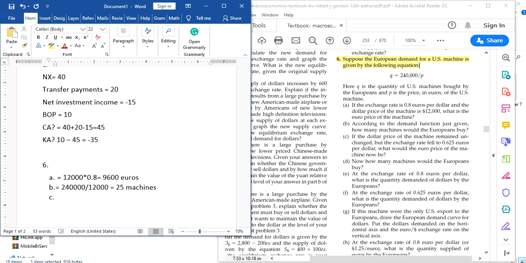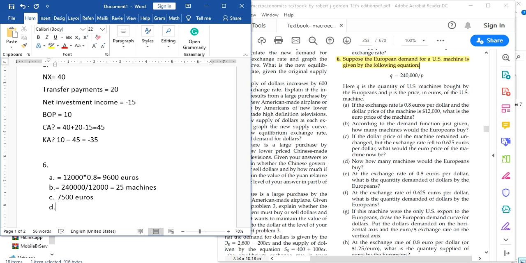Using the same mechanism as the first part, the price will be 7,500 euros. Now how many machines would they buy?